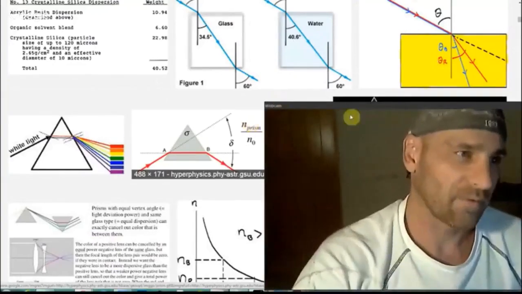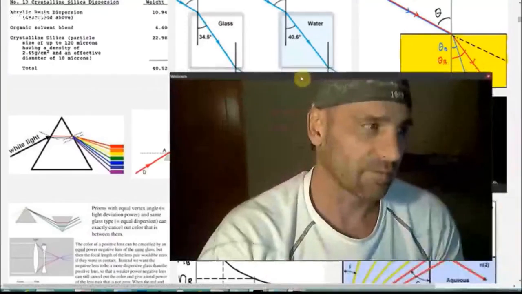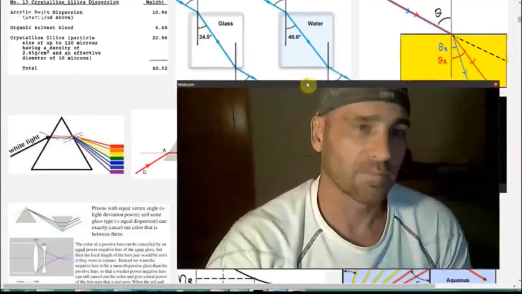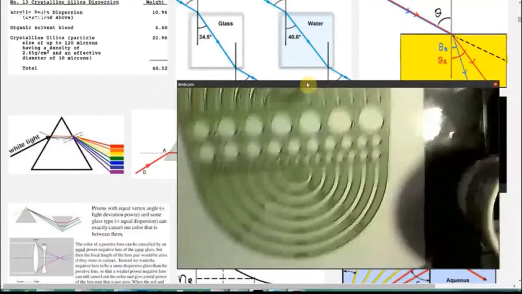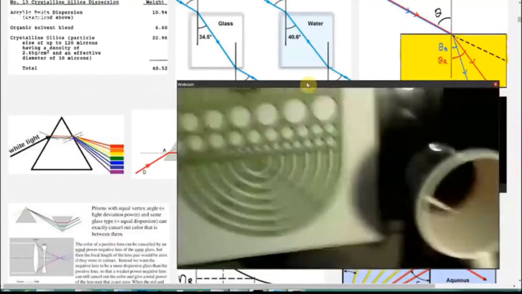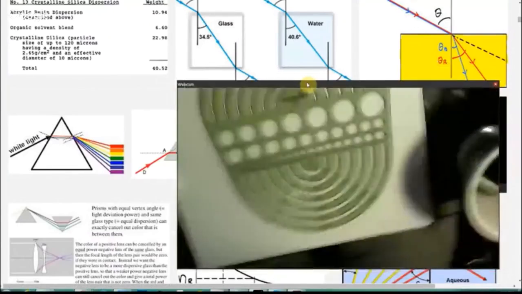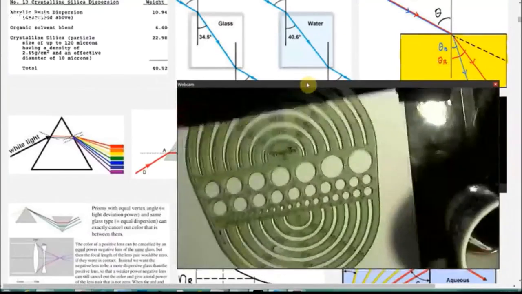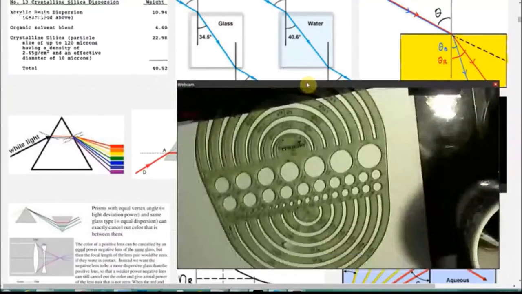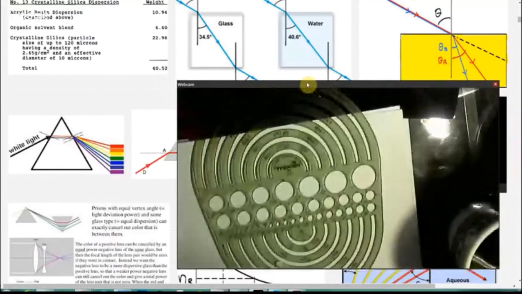I gotta adjust my camera, but we'll see how we can do it. I gotta turn the camera upside down. One second here, guys. All right, there's a camera. There we go.